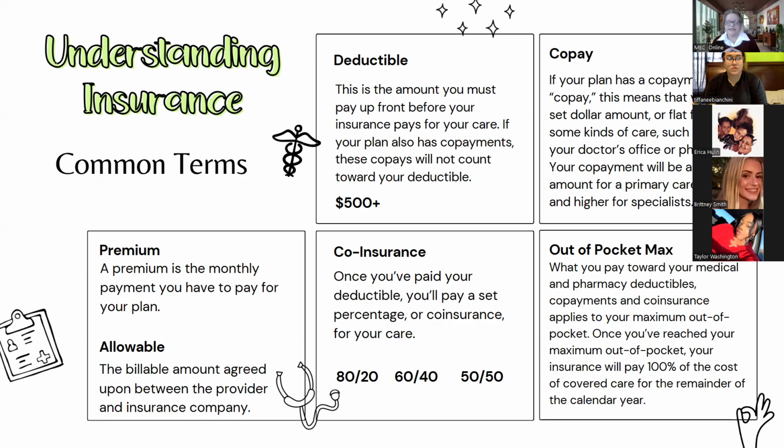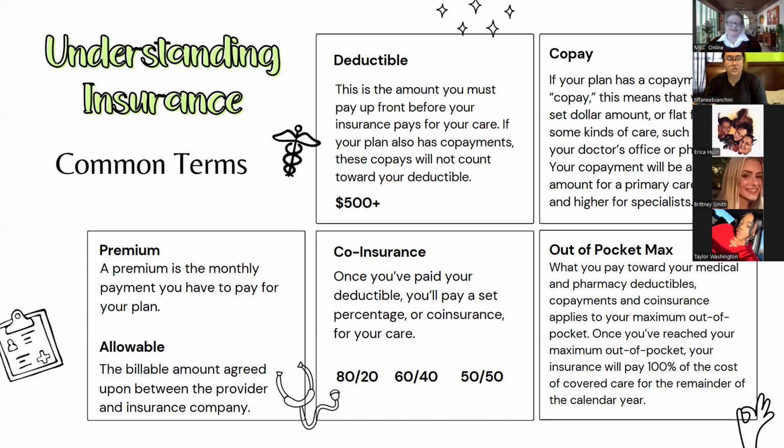Now, if my plan was 60-40, the insurance company would pay 60% and I would pay 40, and then 50-50. You see 50-50 more with out-of-network providers. A lot of times with the big insurance companies like Blue Cross, United Healthcare, Advantage, they will have in-network and out-of-network providers.